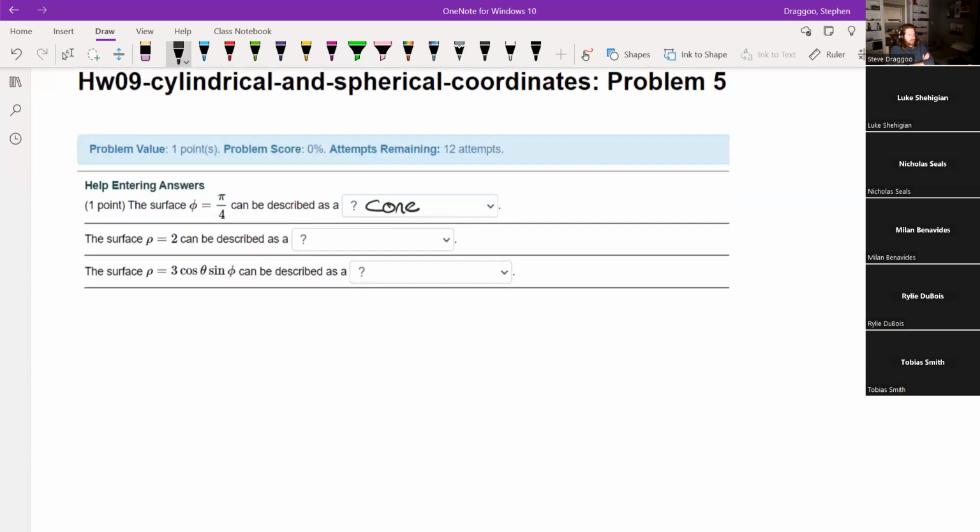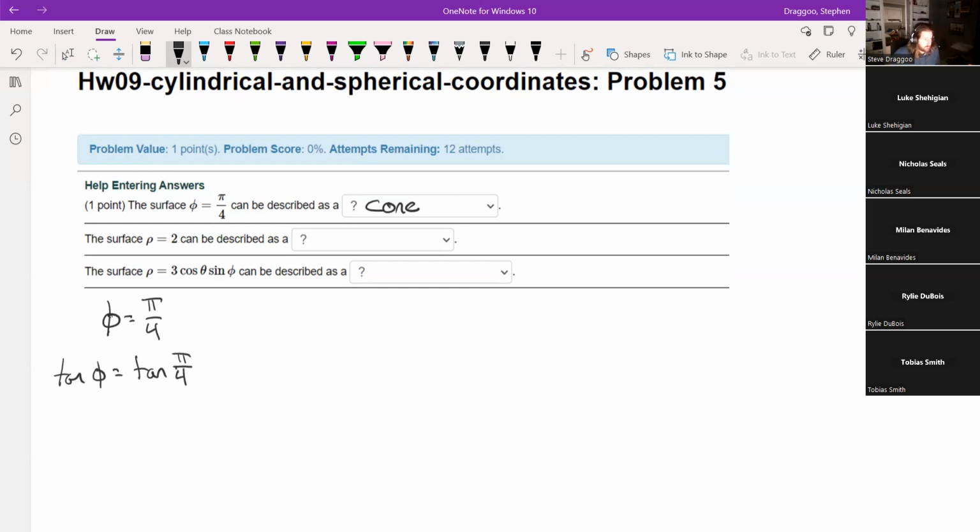Let me start with an answer and then work my way back into something. If I want to argue that this surface is a cone, maybe I do something like taking the tangent of both sides. Phi is equal to pi over 4 means tangent phi equals tangent pi over 4.